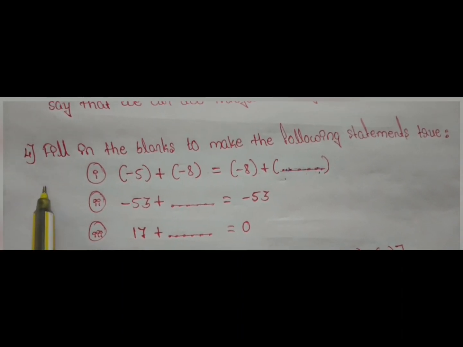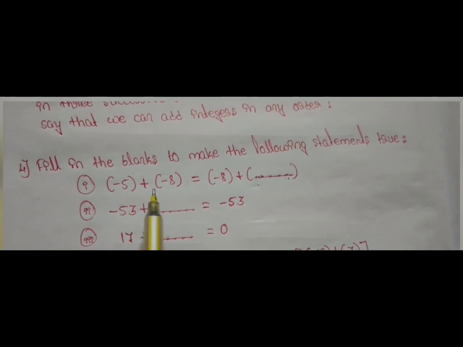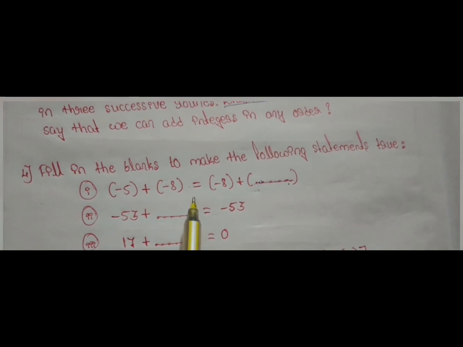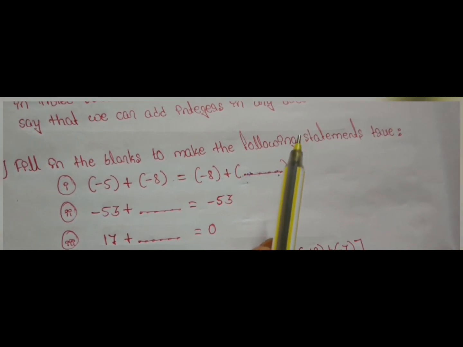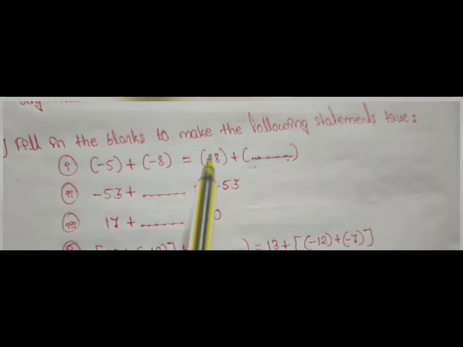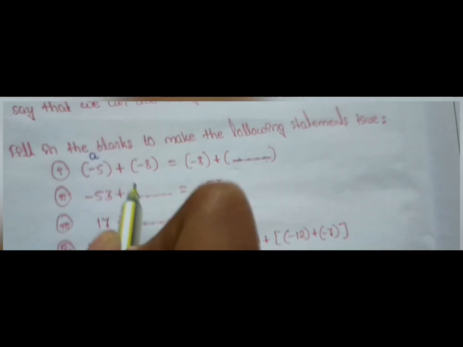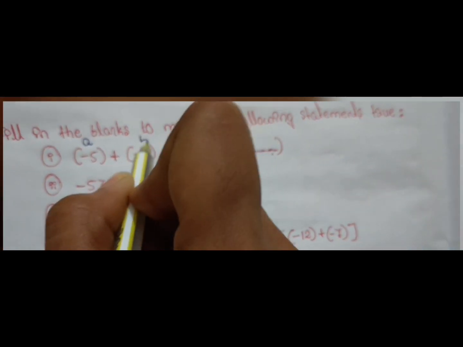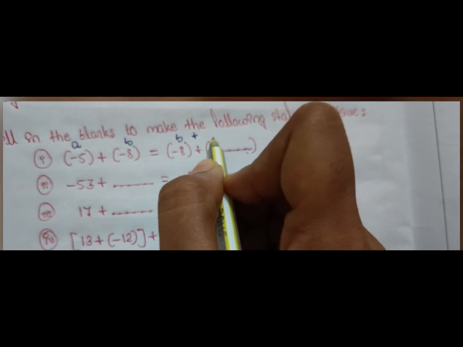So next, fourth question. Fill in the blanks to make the following statements true. First question. -5 plus -8 is equal to -8 plus dash. Here we have to apply some properties. Here commutative property will come. Imagine -5 is A, -8 is B. What does the commutative property say?